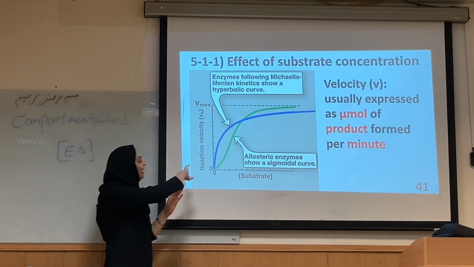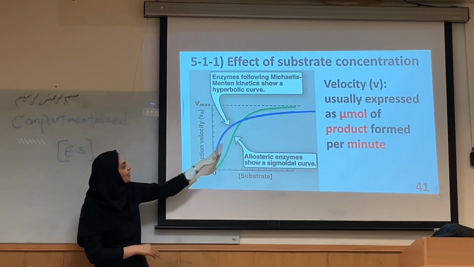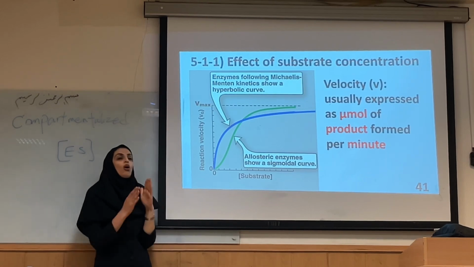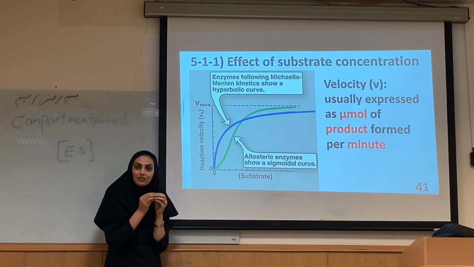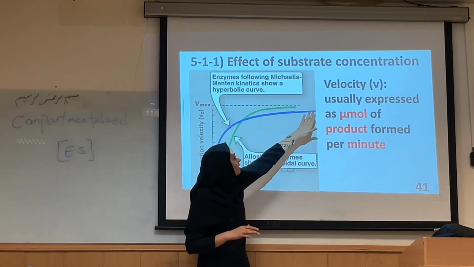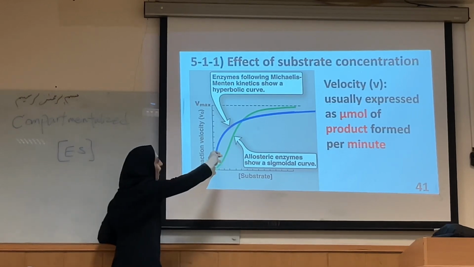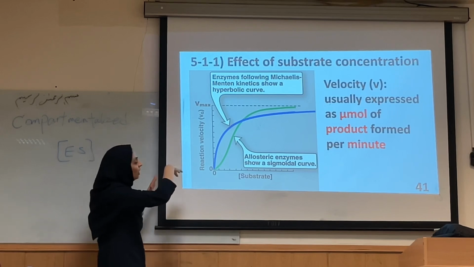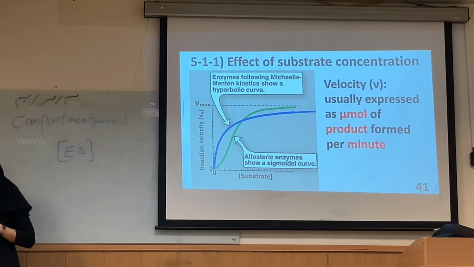But know that increasing the substrate concentration at first increases the reaction velocity till when? Till all of the active sites are saturated and occupied by substrate. After that, the rate of your reaction will be constant. So the hyperbolic curve is related to Michaelis-Menten kinetics, and the allosteric one is not related to Michaelis-Menten kinetics.